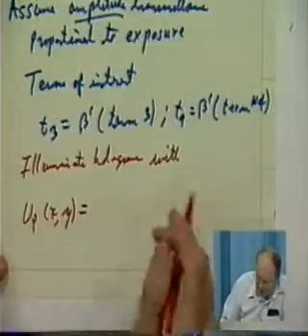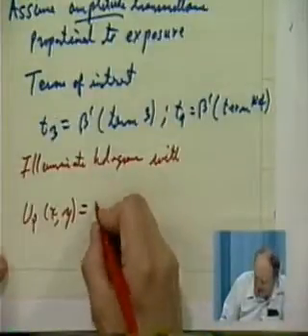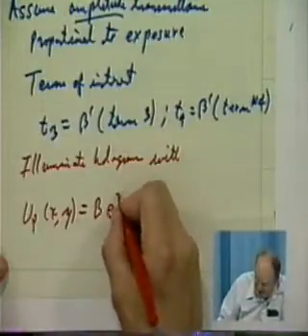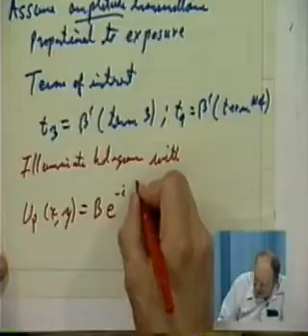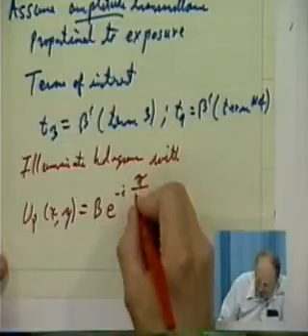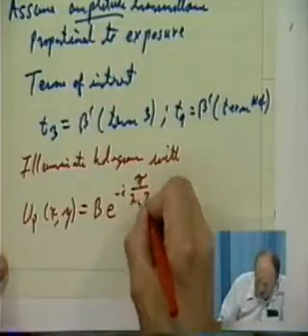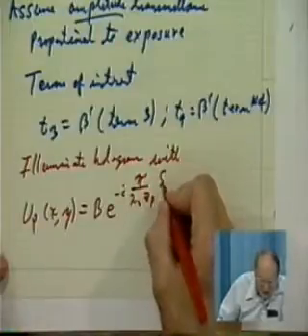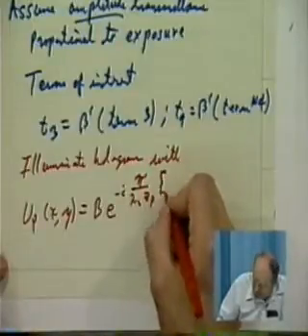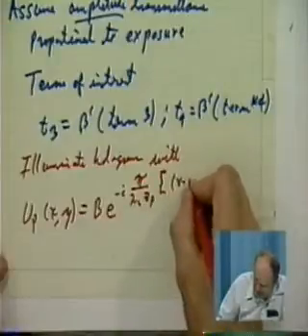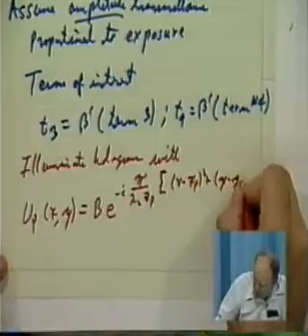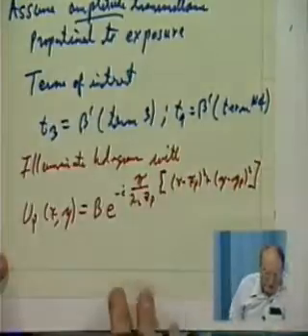So we'll say u_p is equal to some number b, e to the minus i pi over lambda_2 z_p, times (x − x_p)² + (y − y_p)².